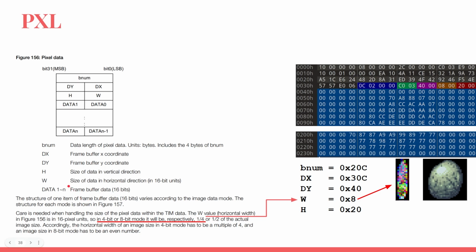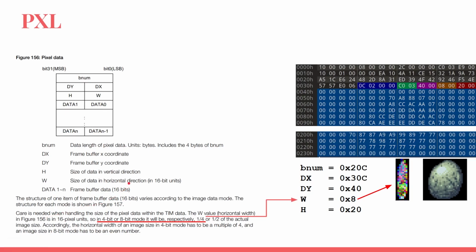But here it won't, because in 4-bit mode, 4 pixels can fit in the space of 1 pixel of VRAM, because a pixel of VRAM is 16 bits, but a pixel of the image is only 4 bits. So this number has to be multiplied by 4 to get the real width. This tells us that we have a width of 8, but we know the image has a width of 32, so we multiply 8 by 4 to get 32. This is equivalent to how we see that the image is squished in VRAM horizontally, because it's working off of that same coordinate system.